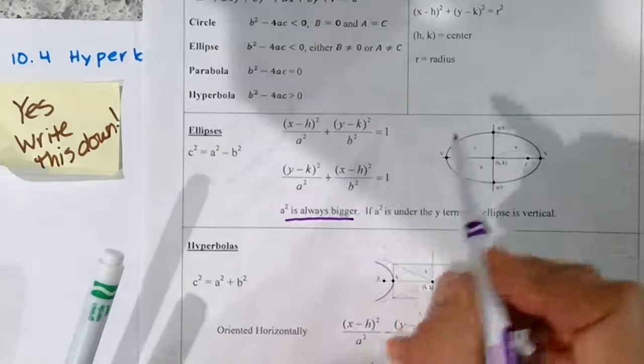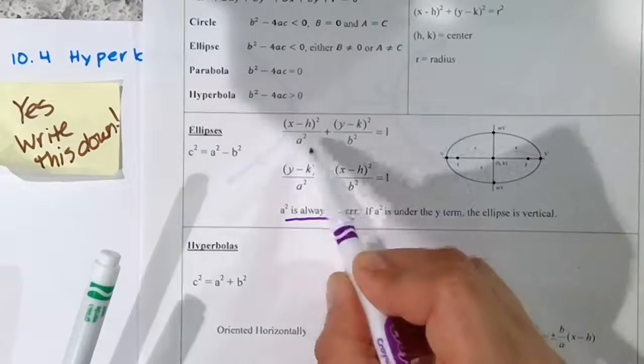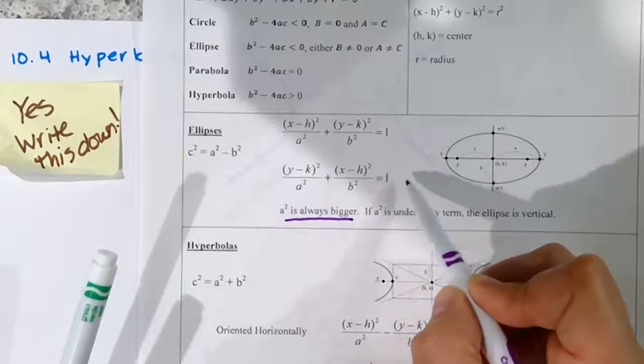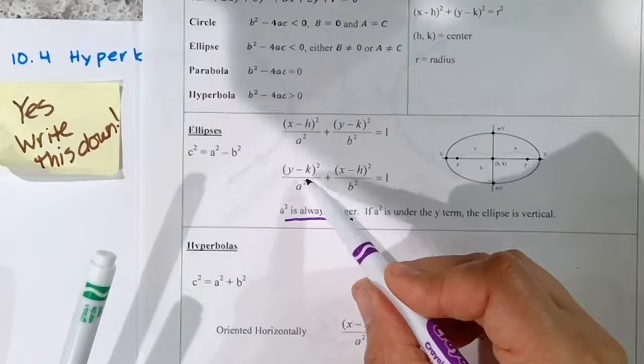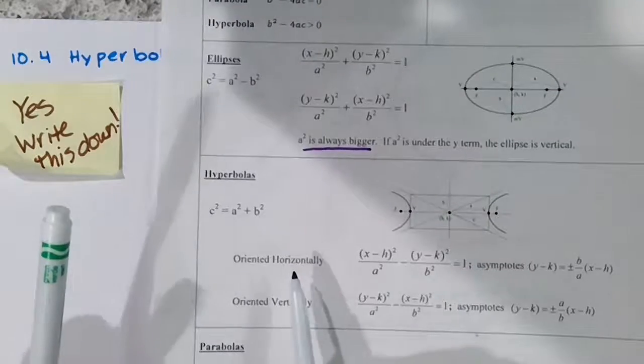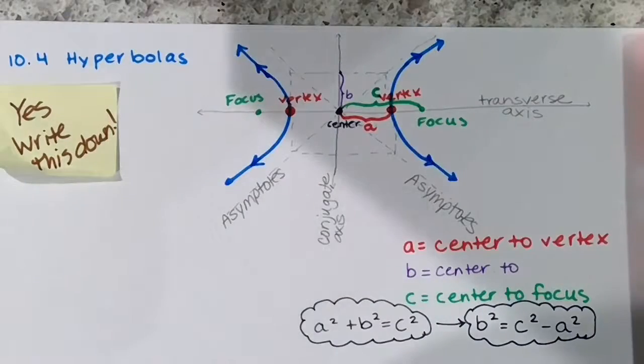So if it's oriented horizontally, your a value for an ellipse is under the x term. If it's oriented vertically, your a value is under the y term. For a hyperbola, a can actually be the bigger or the smaller number. So b and a can switch values, like sizes.